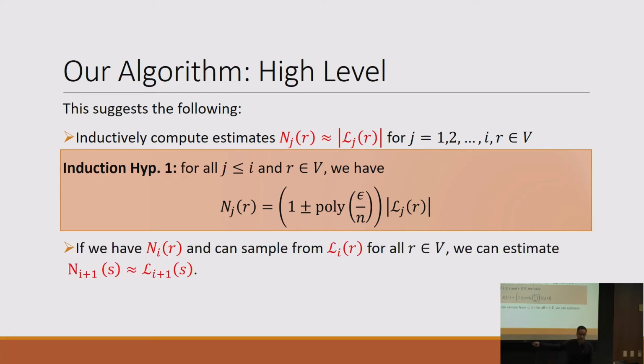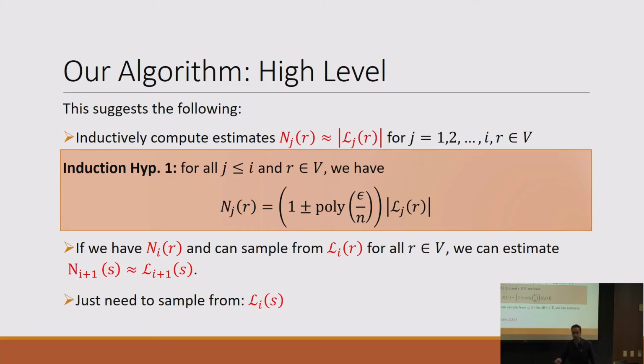The last slide said that if we have good approximations of the true set sizes for some size i, and if we can also sample from the set of path labelings of size i, then we can bootstrap that to get an approximation for the set of path labelings of length i plus 1 for any vertex. So there's only one thing we really need to do, and this is the hard part of the problem: we just need to sample from these sets L_i^s.